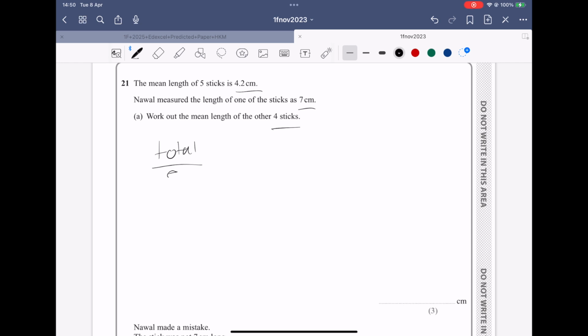So that's the total divided by 5, and that equals 4.2 apparently. So if you add them all up, divide them by 5, you've got 4.2. So let's times it by 5 to see what the total length is. Total length. So 4.2 times 5, I'm just going to do 42 times 5, 210, so 21 centimetres, that's the total length of the whole thing.